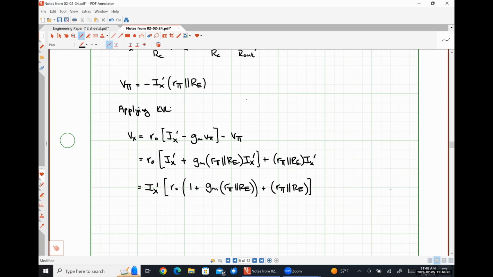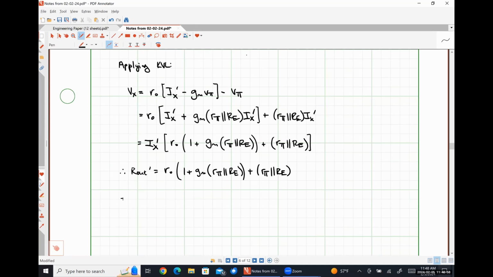And from here, I can say that R out prime is just r naught times (1 plus gm times r pi in parallel with RE) plus r pi in parallel with RE.